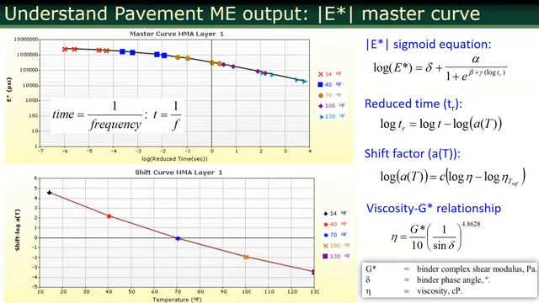So when we run a test and input that into pavement ME, G star is a whole bunch of G stars at phase angles. They are converted to viscosity at different temperatures, because we have the G stars and phase angles at different temperatures. Then we have this relationship to come up with the log AT. We use this log AT to shift the curves, and then we use the shifted time to find the best fit line.